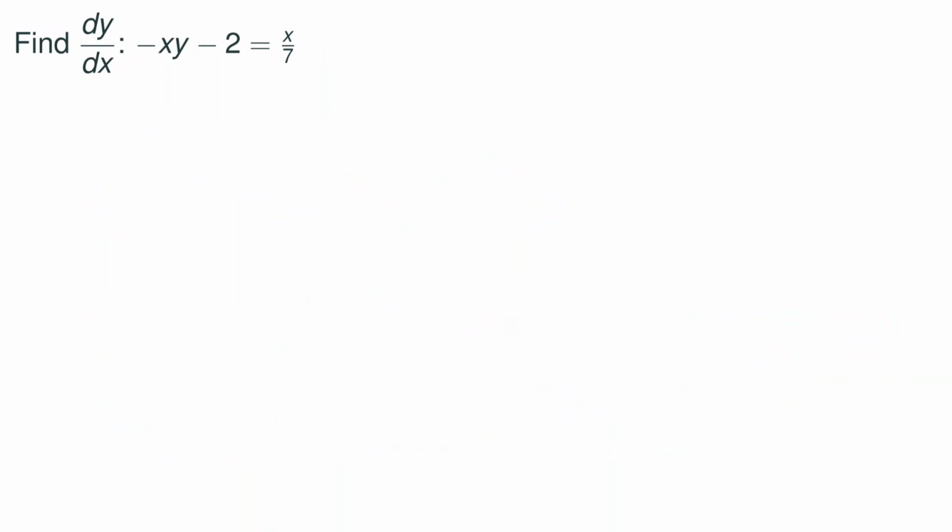Find dy/dx of the equation negative xy minus 2 equals x over 7. So first here we need to apply the product rule when we take the derivative. We can think of it as negative x times y.